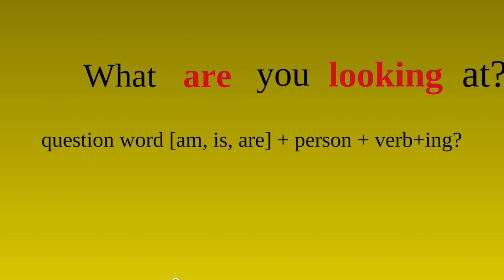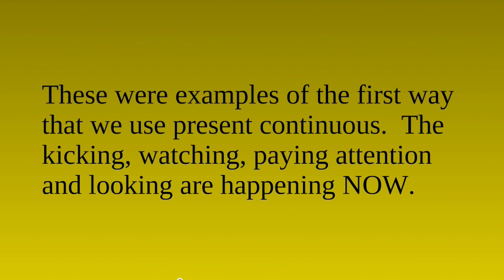Again, am is for I, is for he, she, it, and are is for you, we, and they. Then we use the person, so that's the subject. Here it's you. And then we put the verb with ing. Here it's looking. These were examples of the first way that we use present continuous. The kicking, watching, paying attention, and looking are happening now. You can see the person doing the action.